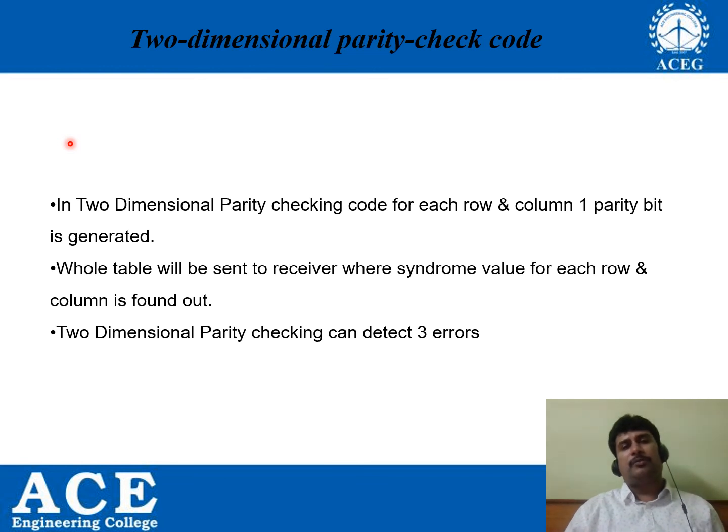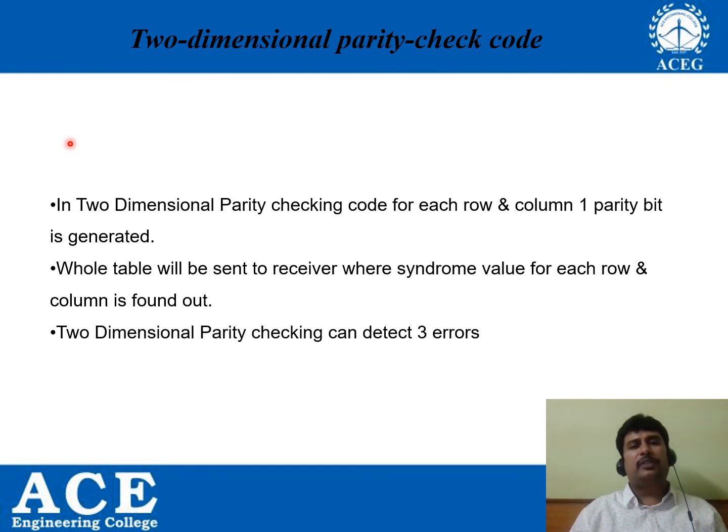Then we started with the first error detection technique called simple parity check, where we divide the data into data words and add one redundant bit depending on the type of parity. And at the receiver, we calculate a value called syndrome, which is the modulo 2 addition of all the bits received at the receiver. And depending on the parity type and the syndrome value, we either discard the packet or extract the data word.